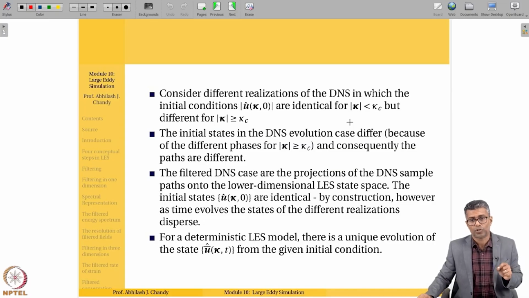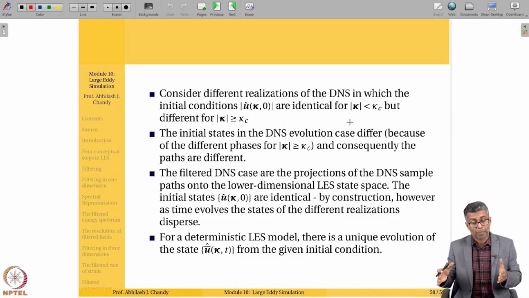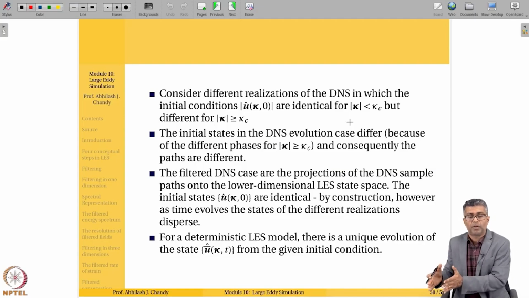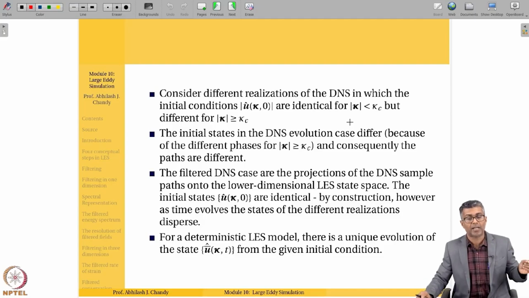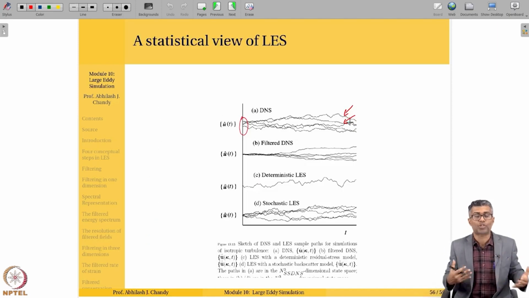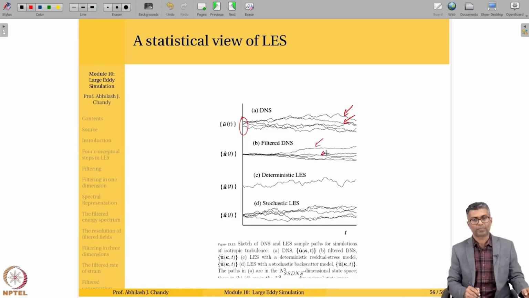The filtered DNS, on the other hand, are basically projections of the DNS sample paths onto a smaller LES grid, or state space. So the initial states are identical by construction. Why? Because you are only taking the amplitude. But as time evolves, because of the nature of turbulence, it proceeds along different paths.